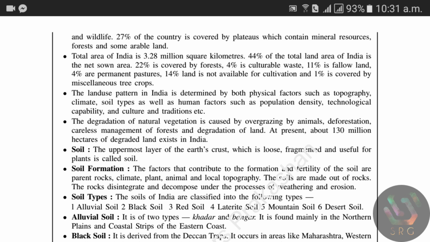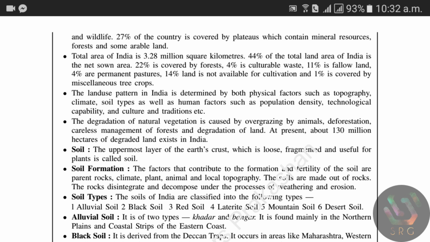That means these tree crops are not going to be useful for us. The land use pattern in India is determined by both physical factors such as topography, climate, soil type, as well as human factors such as population density, technological capability, and cultural traditions, etc. That means the usage of land in this case is entirely dependent upon many factors, which I read just now.